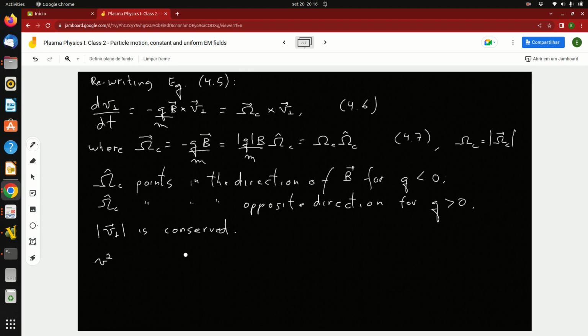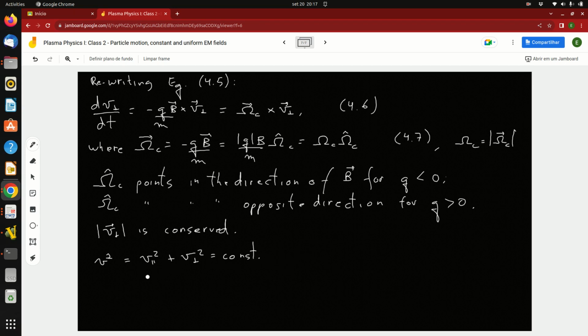V square is constant, and v square is just this. I should not write CT because you may think that CT is C times T and T is time. No, that's not the case. It's just like this. So v square equals this, and this is constant because we have conservation of kinetic energy.